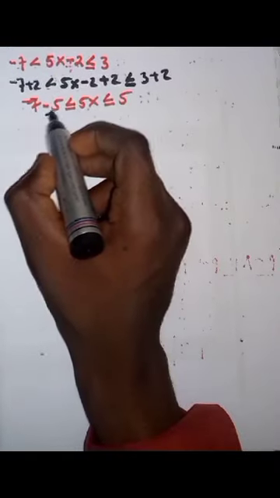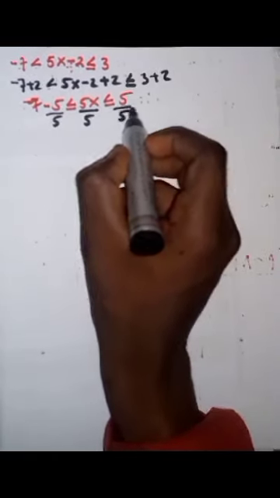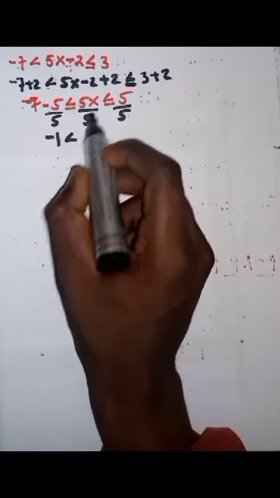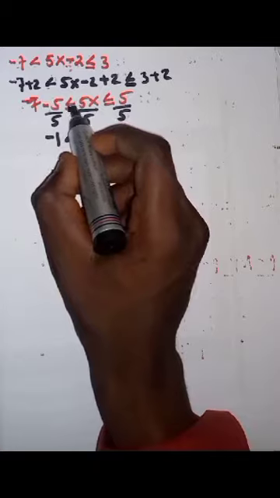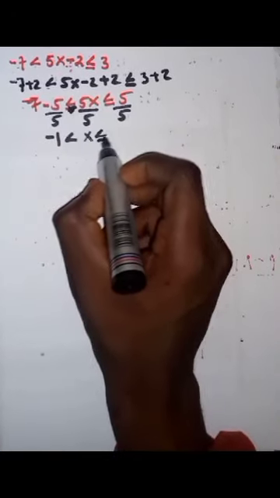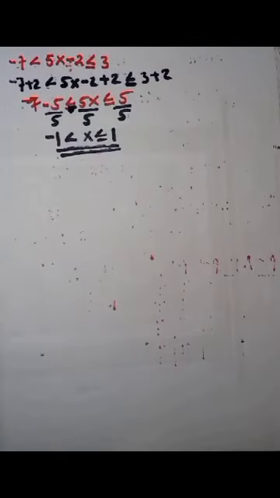Keep in mind that I'm dividing all through by a positive number, so the inequality sign will not change. So dividing all through by 5, I simply have -1 less than x less than or equal to 1. Good. So this is the inequality which I have solved.